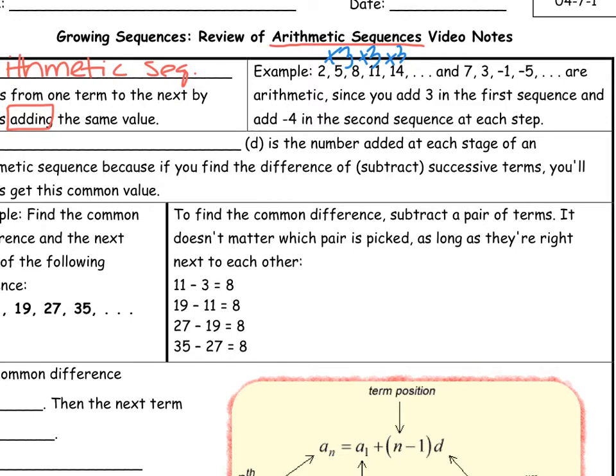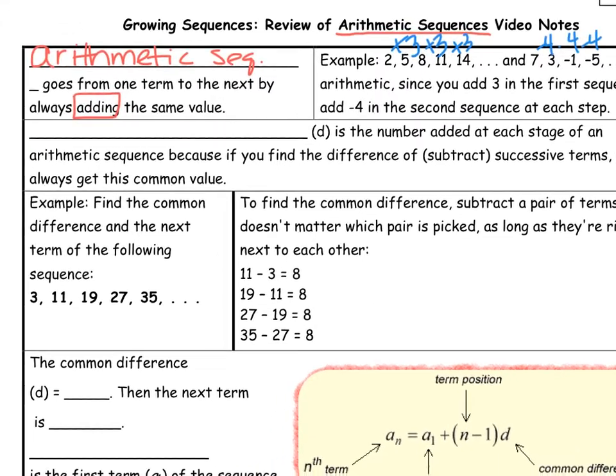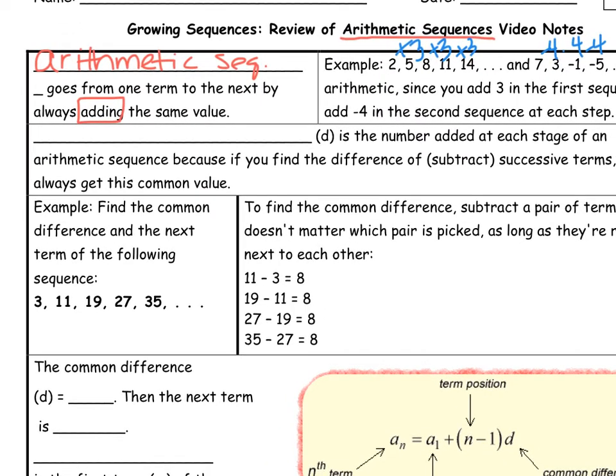In the second example, 7, 3, negative 1, negative 5, to get from one term to the next, we're subtracting 4. So again, this one is decreasing by the same constant rate each time. That difference, what we add or subtract to get from one term to the next, is what we call a common difference.